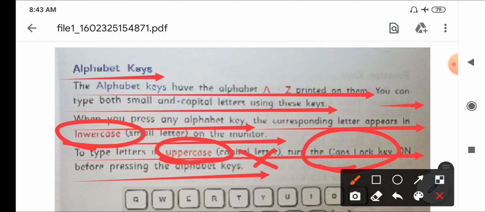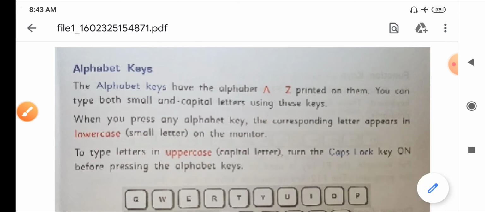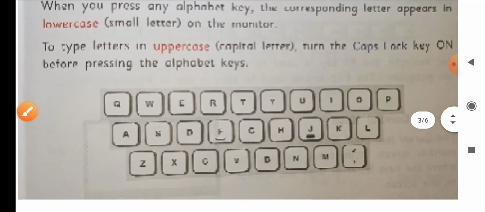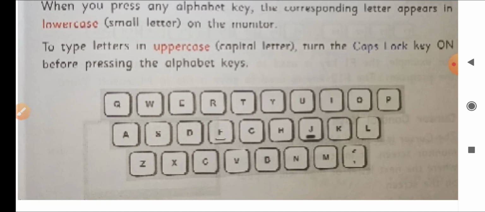If we turn on Caps Lock, the letters we get will be in uppercase, and if we do not turn on Caps Lock, then we will get our letters in lowercase, that is small letter. See, these are the keys: Q W E R T Y, U I O P, A S D, F G H, J K L, Z X C, V B N M. These are the alphabet keys.